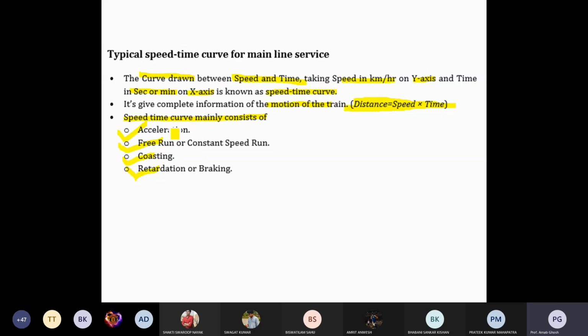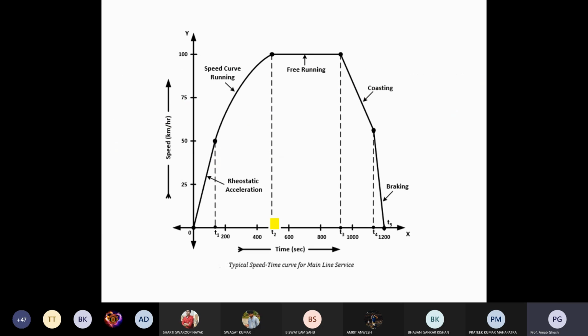As I told you, the x-axis is your time in seconds, and the y-axis is your speed in kilometer per hour. Initially it starts with zero. Then how much time is required? Rheostatic acceleration means you are increasing the value of the armature voltage.